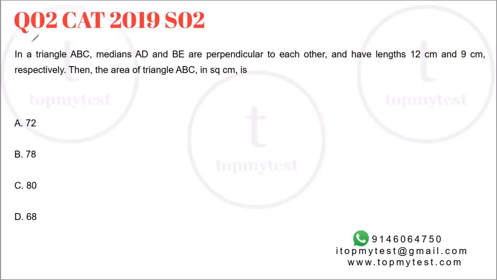Let's apply what we have learned to a question which came up in CAT 2019 slot 2. This one says, in a triangle ABC, medians AD and BE are perpendicular to each other and have lengths 12 and 9 respectively. Then the area of the triangle ABC in square centimeters is how much? This is what we need to find out.